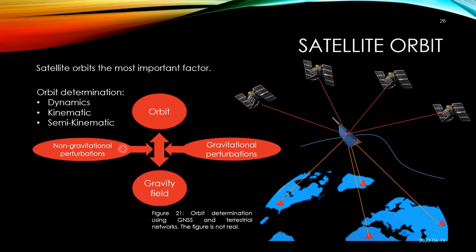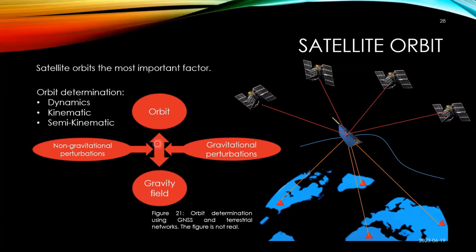If I have the gravity field of the Earth already, and I have the mathematical models of the non-gravitational perturbations, and some other mathematical models, if I consider them with a known gravity field, I can generate the orbit. For example, when you use a GNSS satellite and you want to design your plan for measurement for another day, you will use the broadcast ephemeris or almanac data.